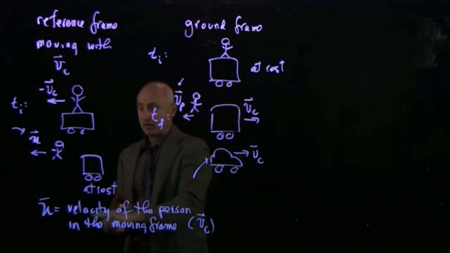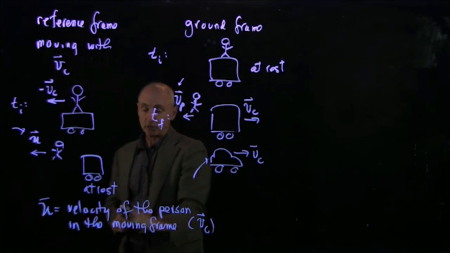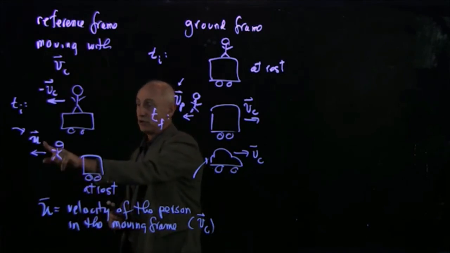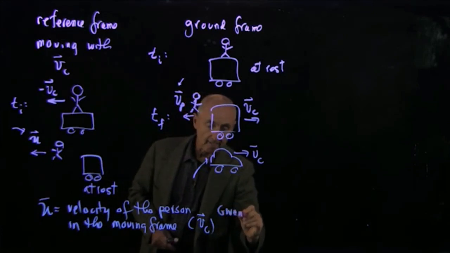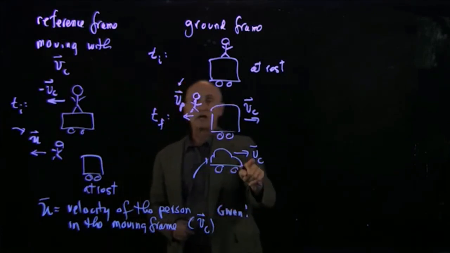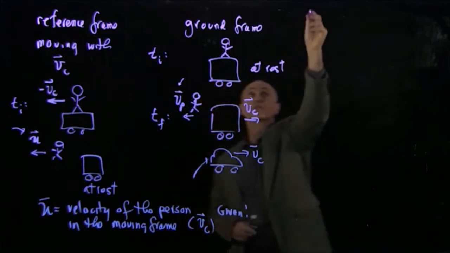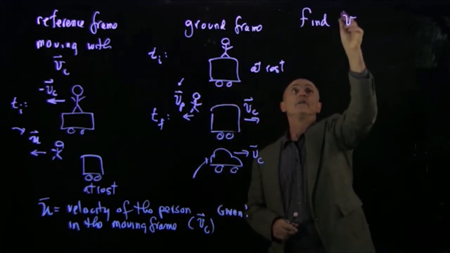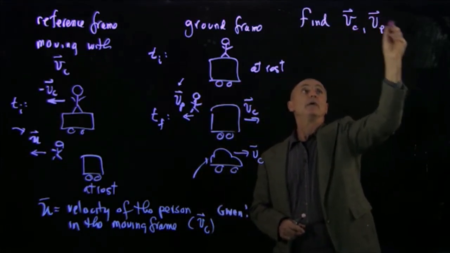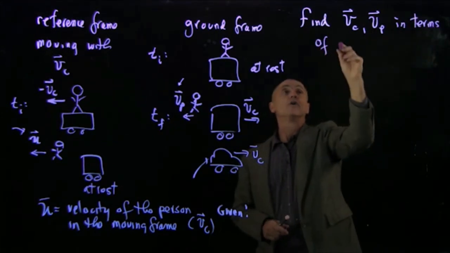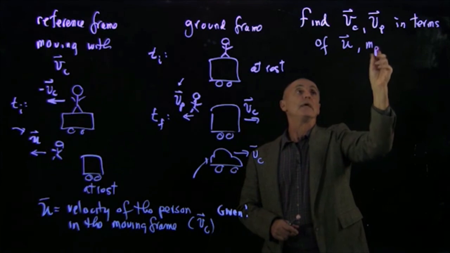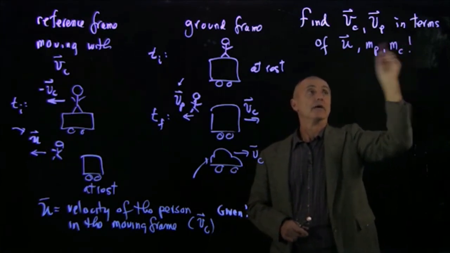We are given the velocity of the person in the moving frame, u, and we want to find vc and vp in terms of u, mp, and mc.